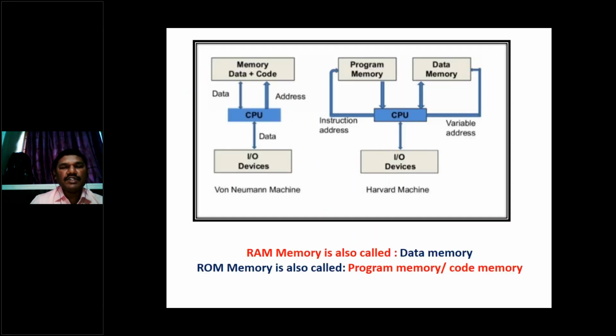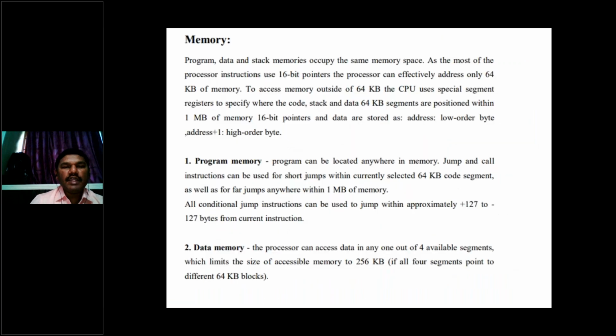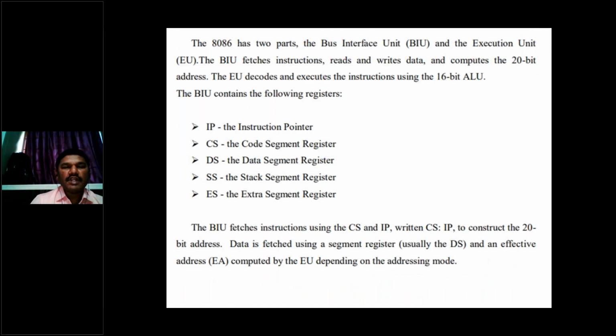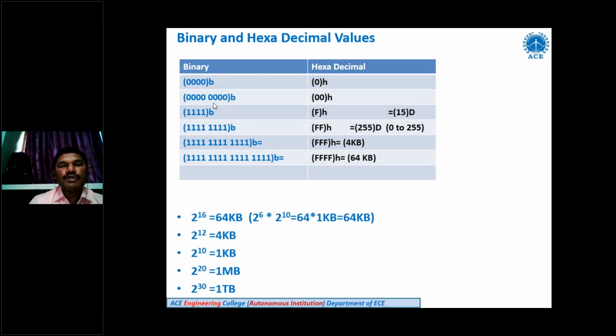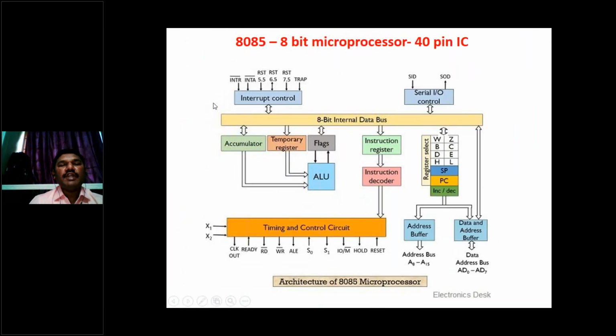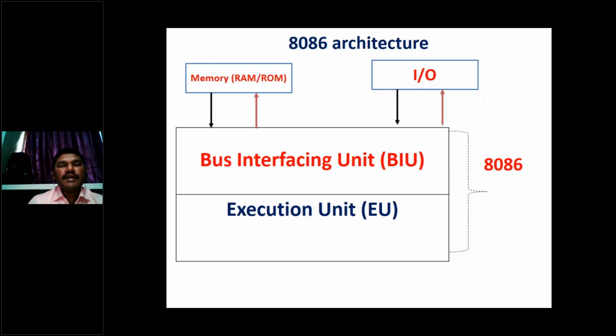Why? Because if you see the block diagram of any computer, it has input, output, and memory units, and this is what we call the computer. To run the microprocessor, definitely we need bus interfacing with memory and IO, because the microprocessor will run based on instructions stored in memory.